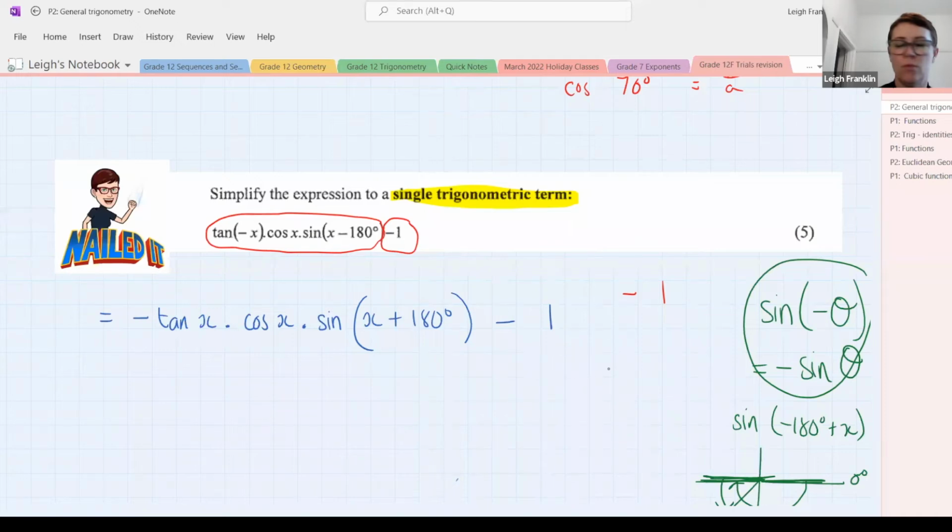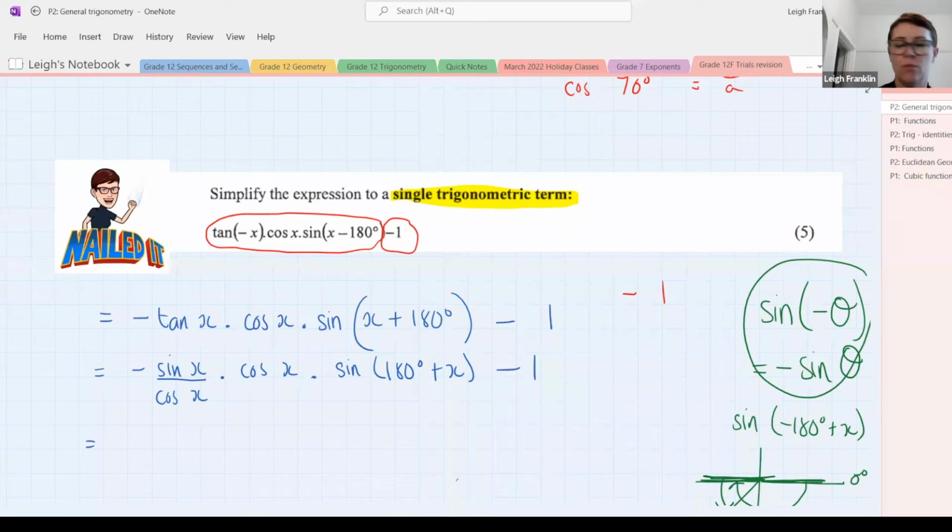Okay, now we know that the order of the terms inside the bracket doesn't matter. And we also know that tan x can be written as sine x over cos x. So that's an identity that you're all supposed to know. Times cos x times the sine of 180 plus x minus 1.